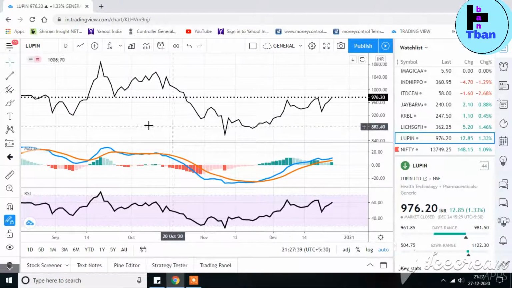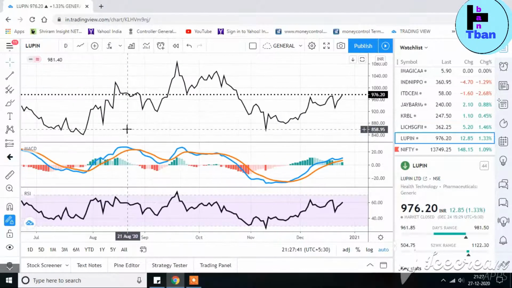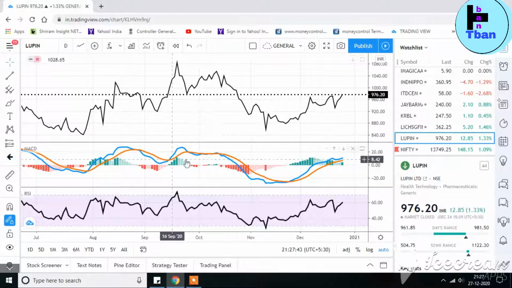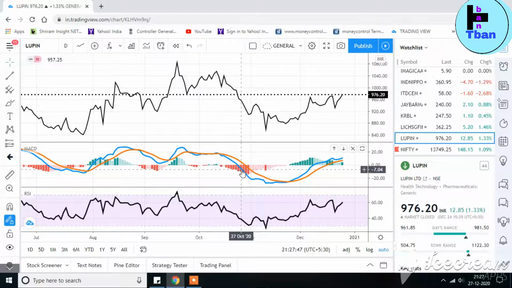Suppose here I've taken another stock. Suppose I'm taking Lupin. This portion you also watch. First of all, I saw the divergence of the MACD histogram, and besides it we have to follow three types of divergence.